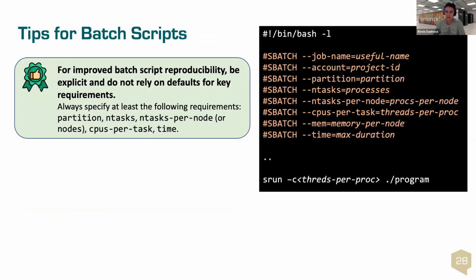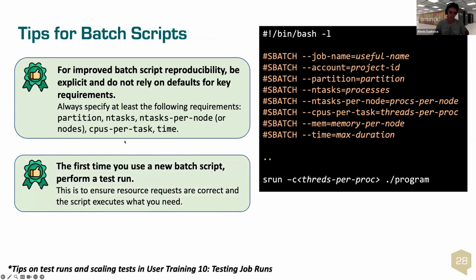Okay. What else? Tips. Improve batch script reproducibility. Always specify the partition, the number of tasks, and the number of tasks per node. Okay, and also don't go for it like in the very first time.